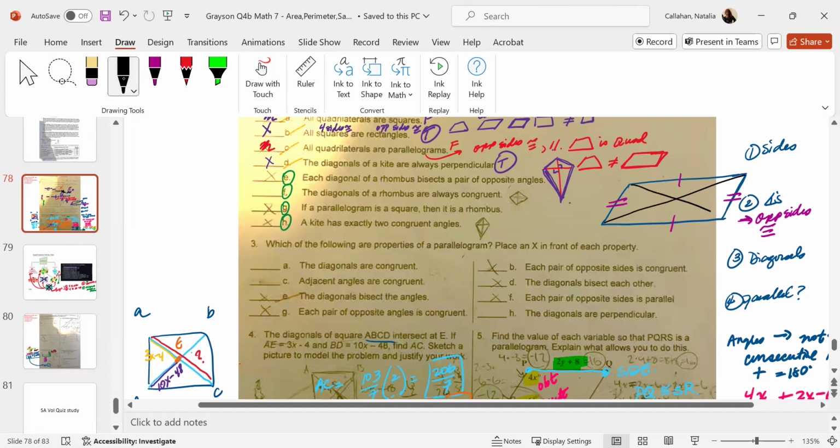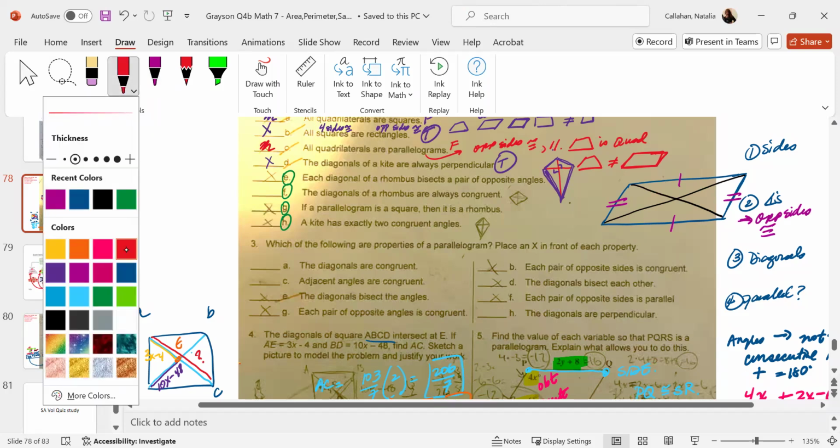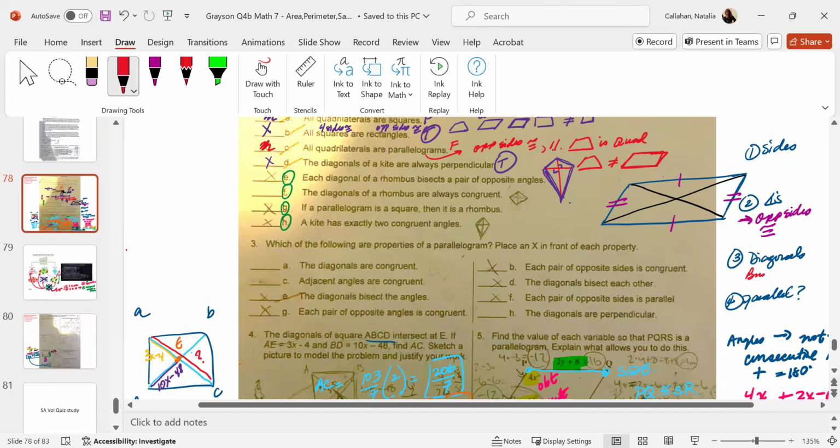So the diagonals are congruent. No. Bisects each other, which means this side is equal to this side. This is equal to that. Does that make sense? And they're not perpendicular. You see how this is obtuse and this is acute? Obtuse, acute. Do you see that?